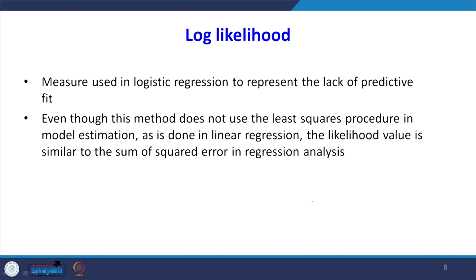If the log likelihood value is lesser, it is better, because in regression we try to have the sum of squared error, SSE, lesser. Similar to that, in logistic regression, if you are getting a smaller value of log likelihood, it is better. That is a good model.